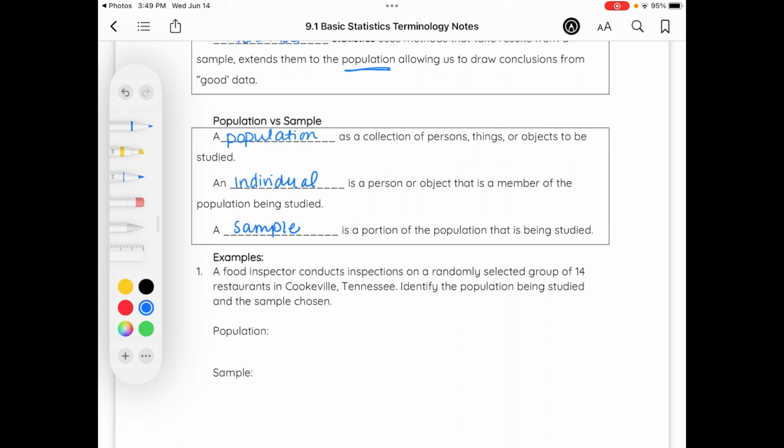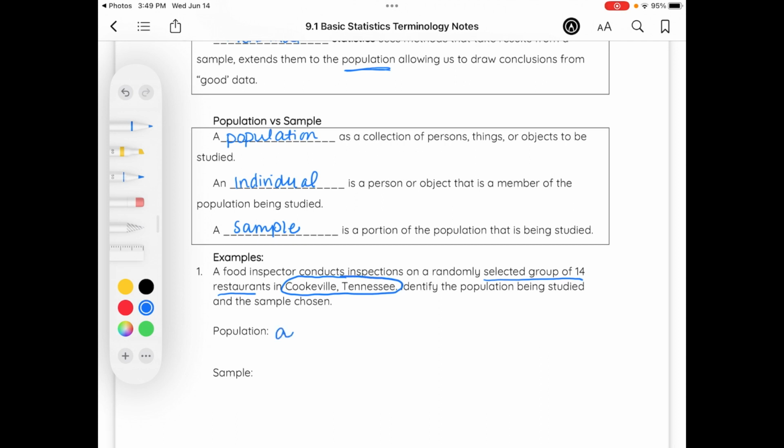A food inspector conducts inspections on a randomly selected group of 14 restaurants in Cookeville, Tennessee. Identify the population being studied and the sample chosen. Well, our sample is the selected group of 14 restaurants. And what are we doing? We're getting restaurants from specific Cookeville, Tennessee.